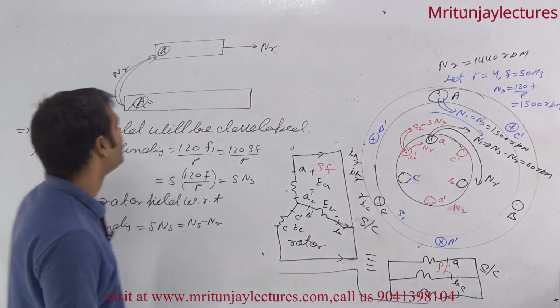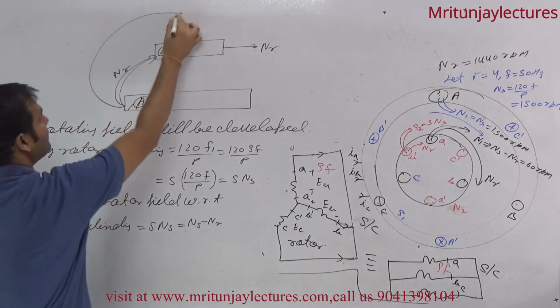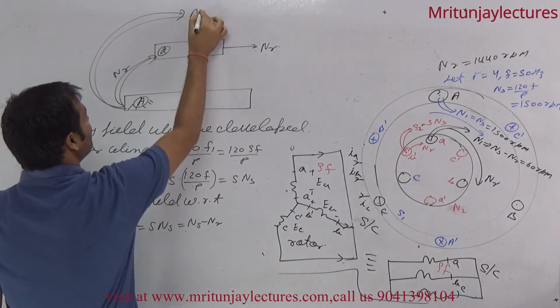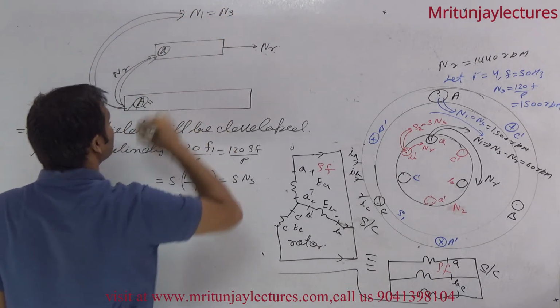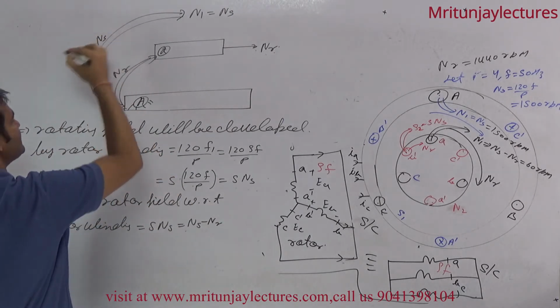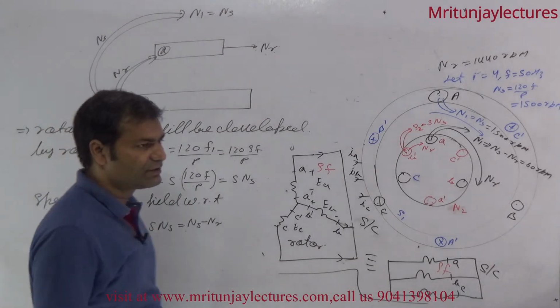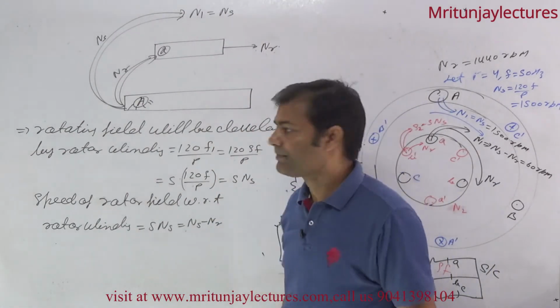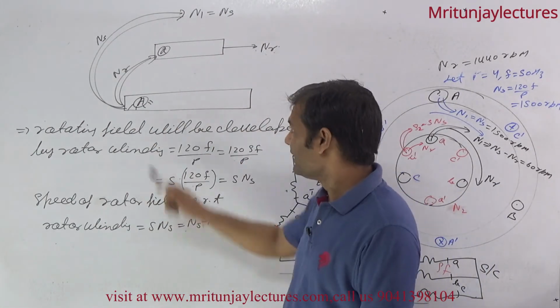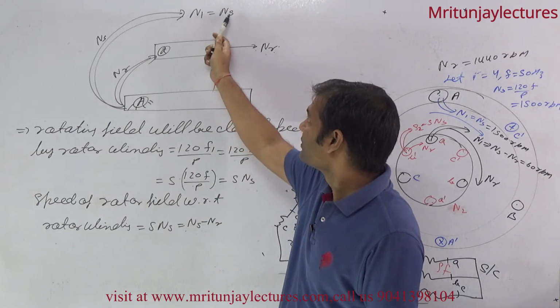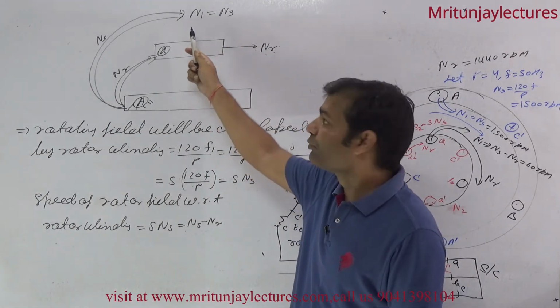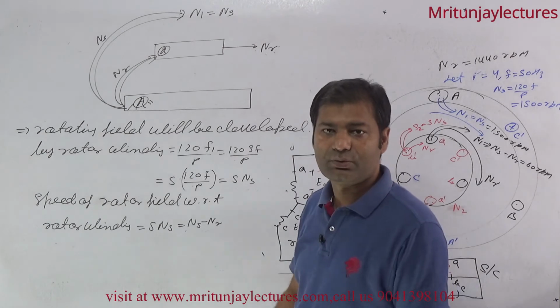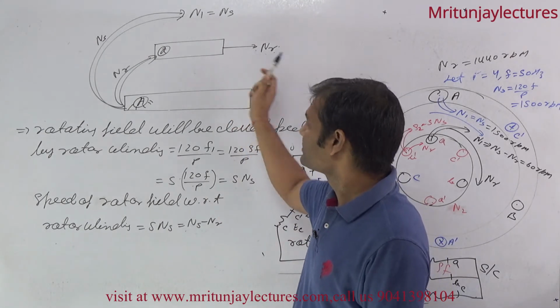Now N1, that is NS, is the stator field speed with respect to the stator winding. Clear? If you sit on the stator winding and see NS, the poles are rotating at NS speed in the same direction as the rotor.